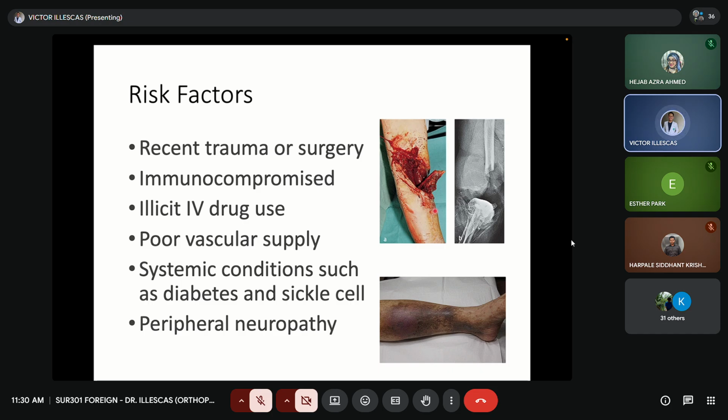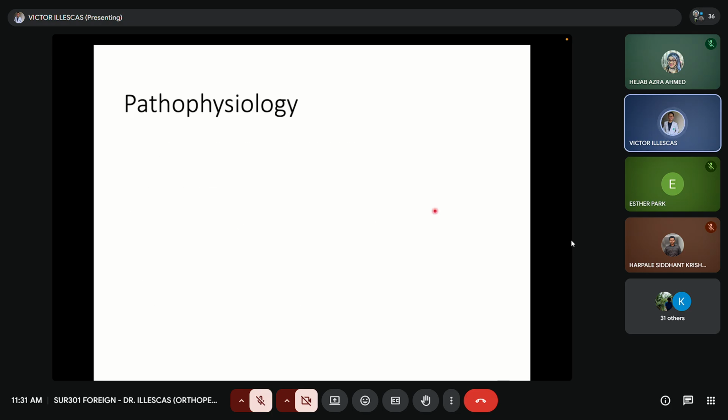It may also be secondary to peripheral neuropathies, wherein the patient is not able to have proper sensory function over the area, thereby not being able to recognize an ongoing infection.